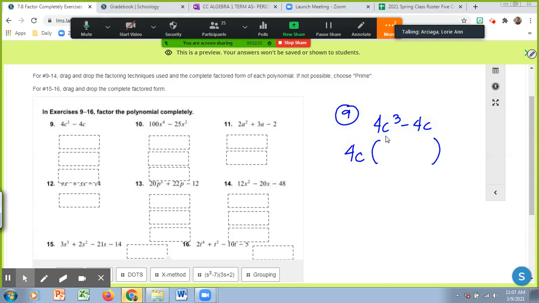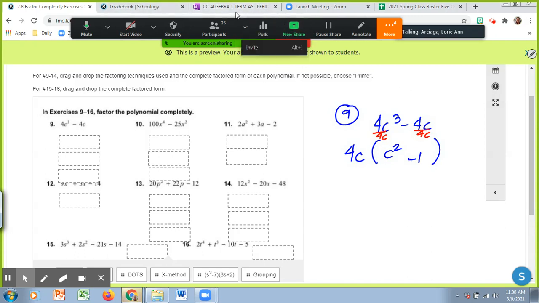So now what's going to be left if you take out 4C from each? If it helps, you can put it like this. At some point you will become comfortable without doing that. So C squared and then minus 1. Very good.